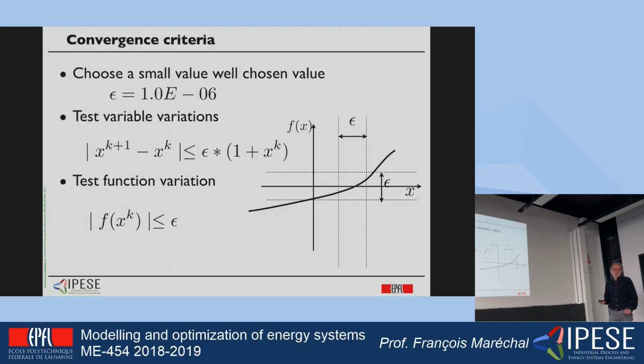And now we have to decide when we stop. And typically there are 2 types of stopping criteria. The first one is to say that the function that we would like to be equal to 0 has to be close to 0.